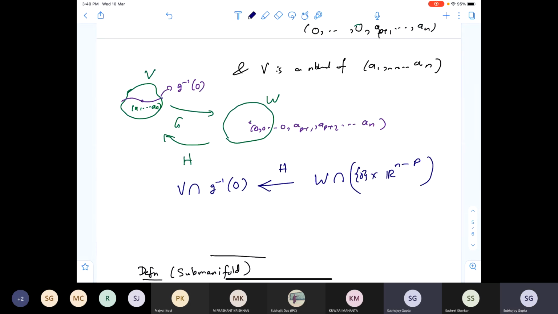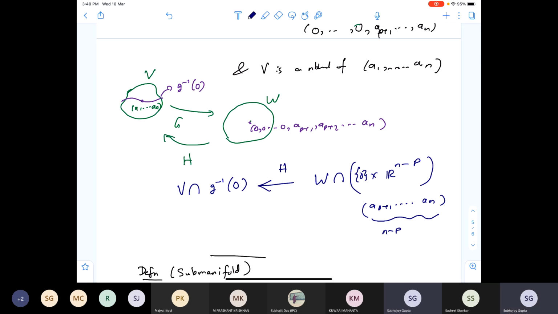Now this is going to give you charts in a neighborhood of that point A1 to AN, because what's happening here is that you're varying these many coordinates, right? So this is your n minus p.